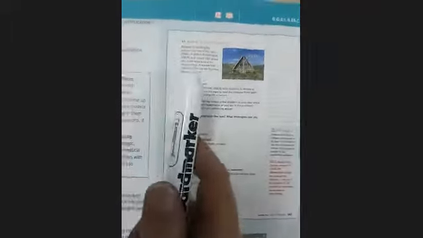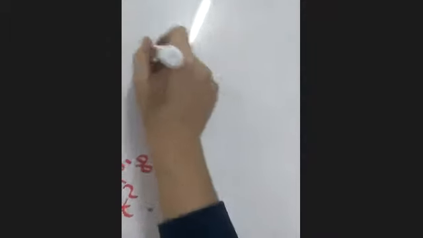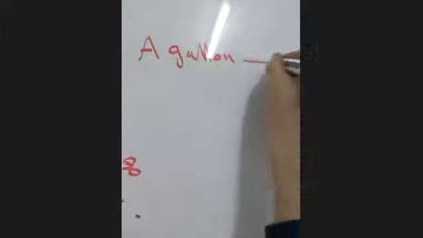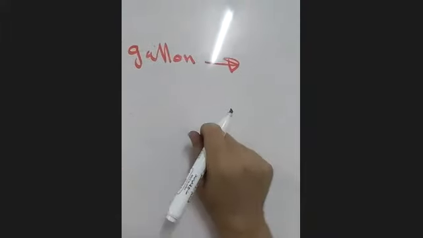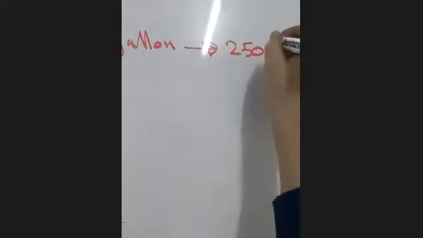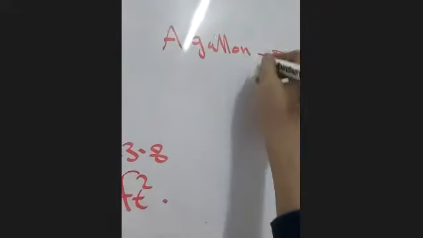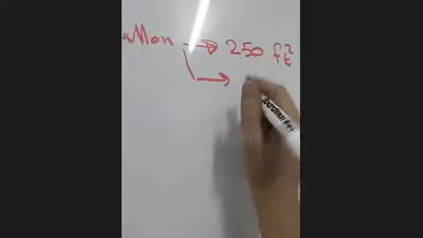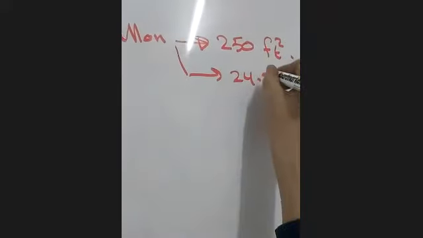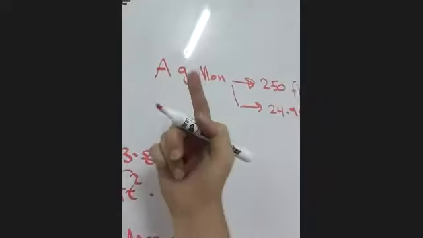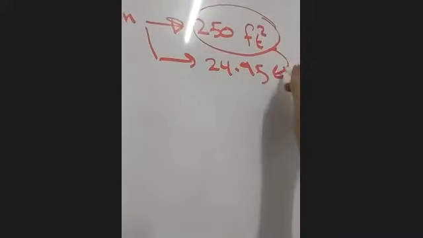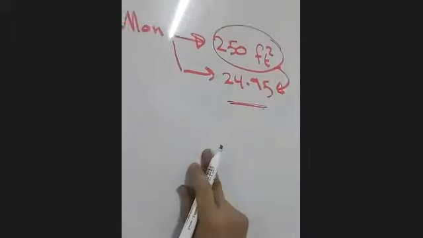Each 1 gallon covers how much? 250 square feet, right? And its price, how much? 24.95. So each gallon, guys, covers this area and costs this money, right?